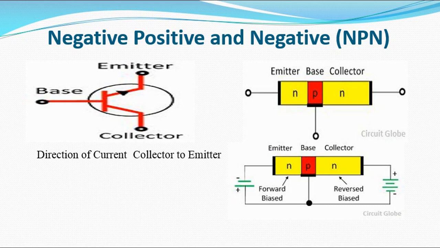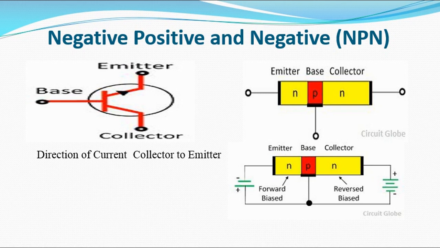Another thing you can see here is the direction of current, which you can see by the arrow. Look at the arrow. The arrow is pointing upward at the emitter. That is to say the direction of current is collector to emitter.